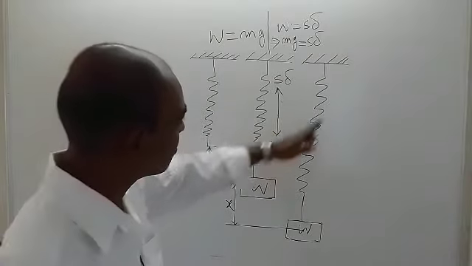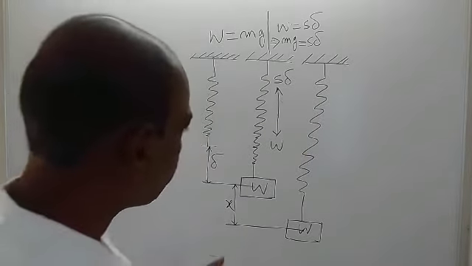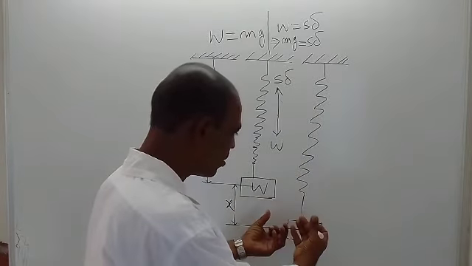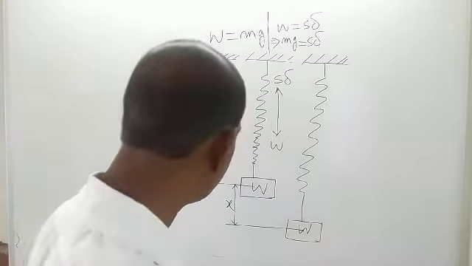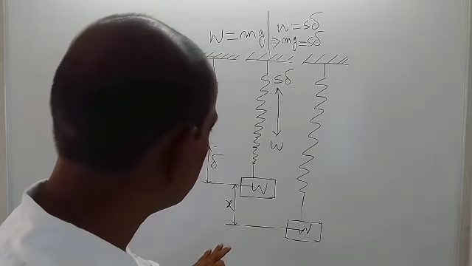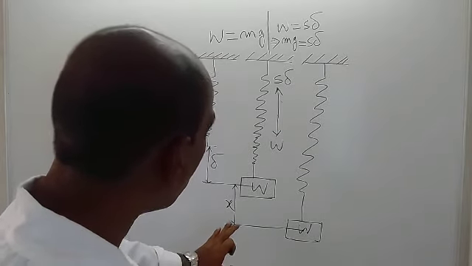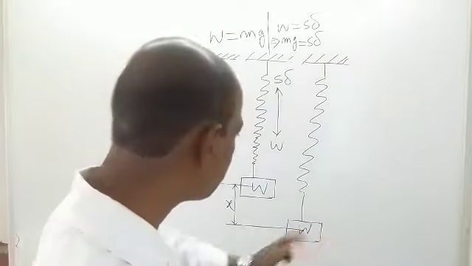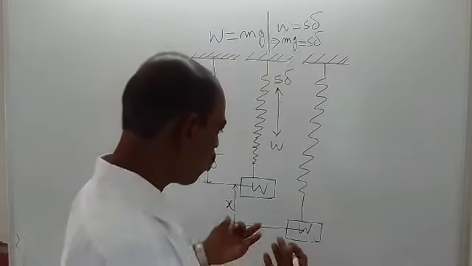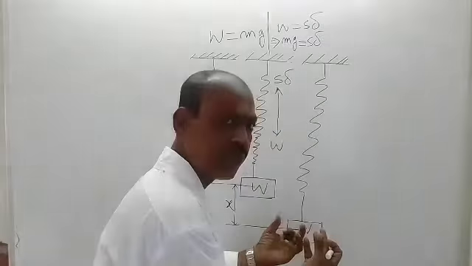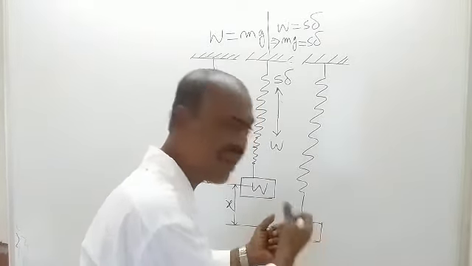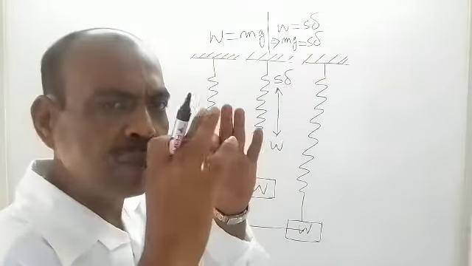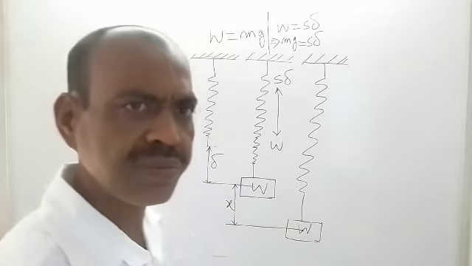In the third case, this one, when you are pulling this weight W in the downward direction, what will be the required mathematical equation? When you are holding this weight by your hand, I am not going to write that equation.